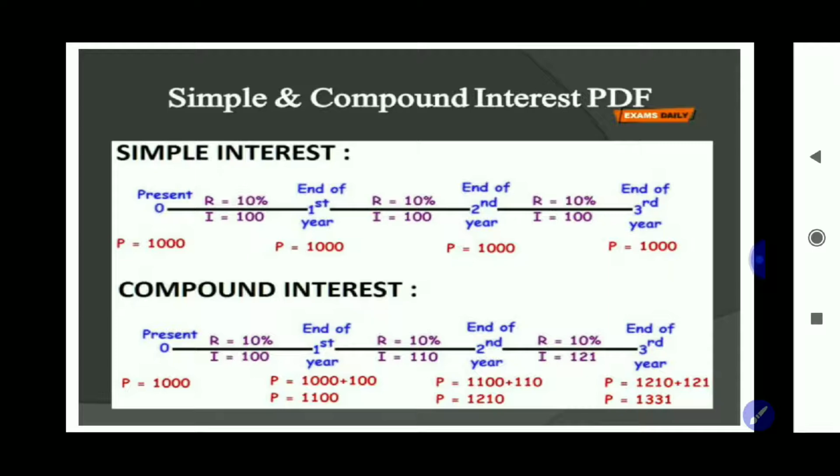It is 1331. When you compare these two interests, in simple interest the principal is the same, so the interest is also the same. But in compound interest the principal is increasing every year, so interest is also increasing every year.